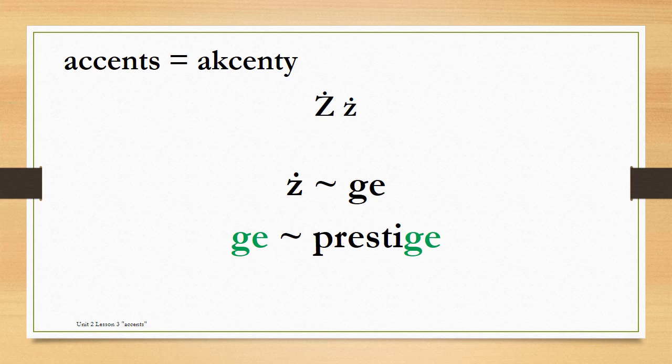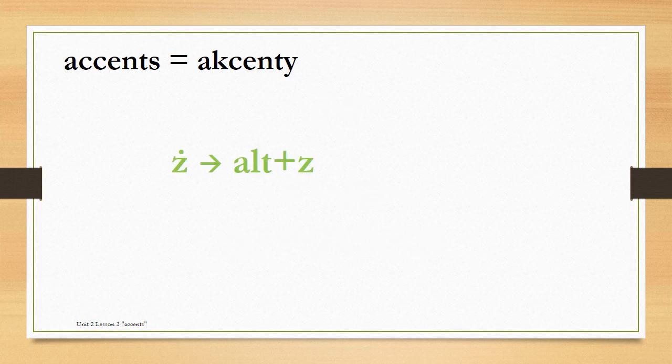And just in case you wonder how to write Polish accents, it is always the Alt button plus the corresponding letter. But ź and ż are both starting with the letter z, right?